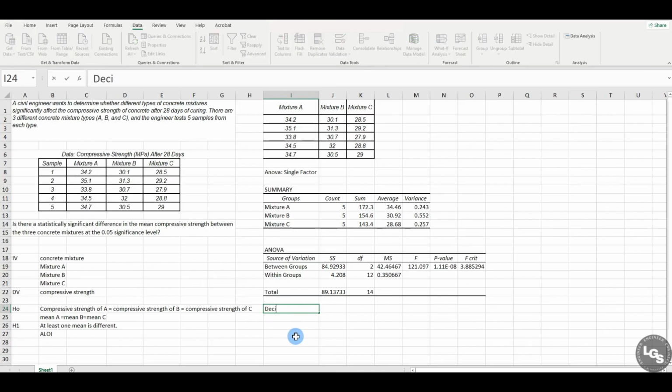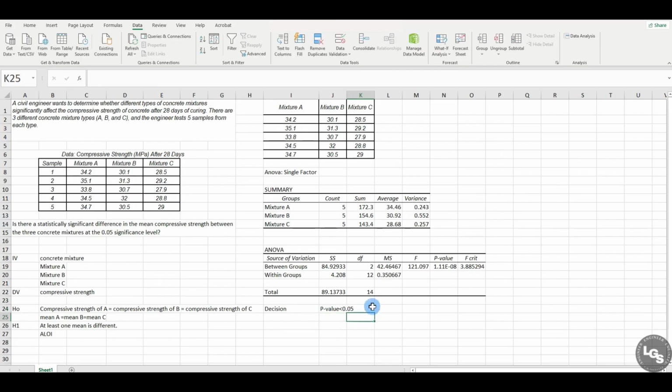So for our decision, we can use either the F value versus the F critical, or the P value versus the alpha. If the P value is less than the alpha, which is 0.05, we reject the null hypothesis.